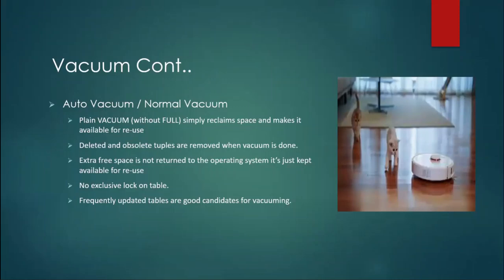If you update something, the pre-image data is stored in your table itself. It means the table fills up with dead tuples. So tables with many DML operations are the best candidates for the vacuuming operation. This is about auto vacuuming.